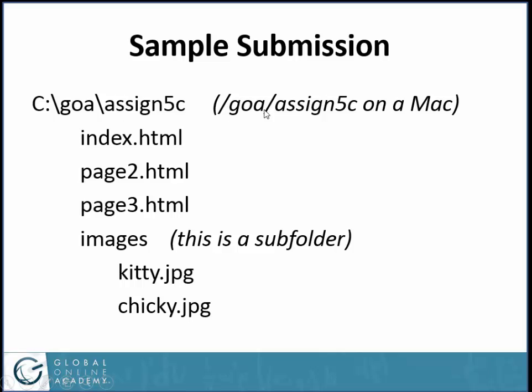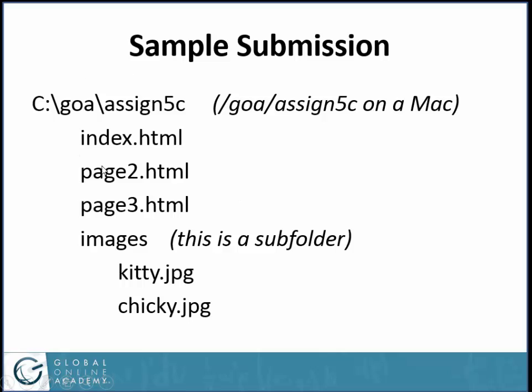Make your folders whatever's meaningful for you. Here's the files that would be in it. Maybe index.html. Maybe I've got two other web pages in my website. I'd call them page 2.html and page 3.html. Then I'd have a subfolder called images, and I'm going to put my JPEG files in there.